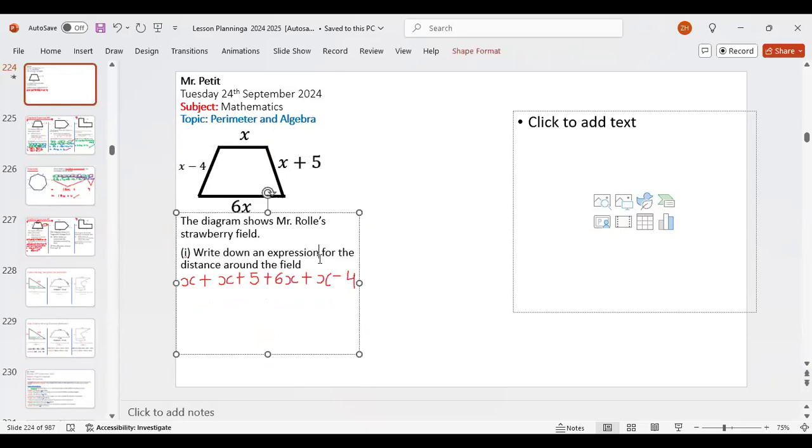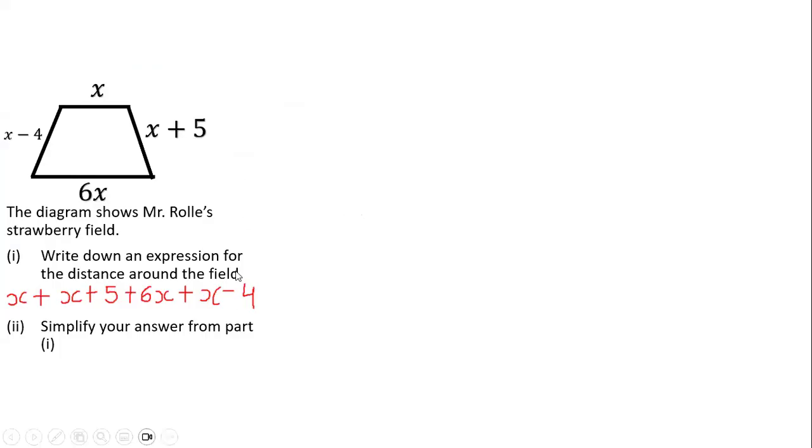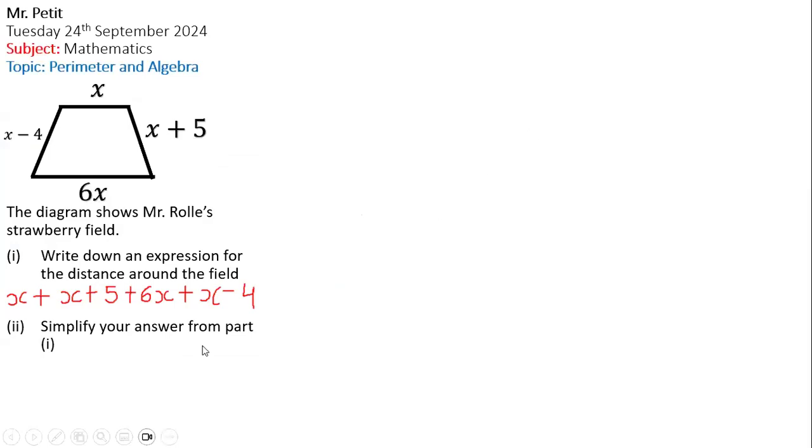All right, so the next question states, simplify your answer from part I. Now, what I'm going to do is put my answer on the right-hand side, because I need space.